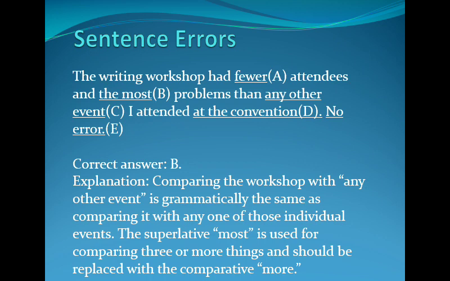But then suddenly they use the most. Most is a superlative form. Now, how can you use a comparative and the superlative form when you are comparing two things? When you are comparing two things, you are supposed to use only the comparative form. So that's the reason the most should be changed to more. So you need to say the writing workshop had fewer attendees and more problems than any other event.